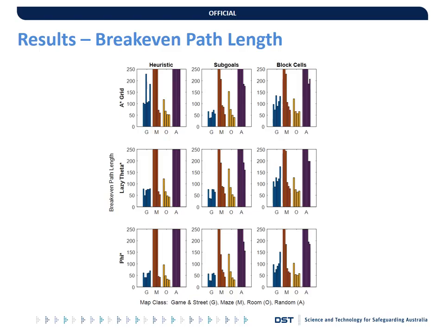Under all 3 applications of the watershed graph and across all 3 of the path planners, break-even occurred on game, street, and room maps. The path length was on the order of 50 to 150 cells, noting that the maps were 512 by 512 cells. Break-even was not achieved on maze maps when corridors were thin, nor on random maps when the fractions of blocked cells were low.